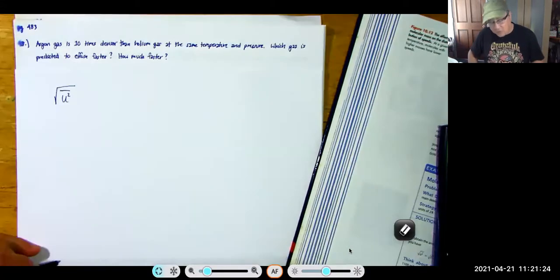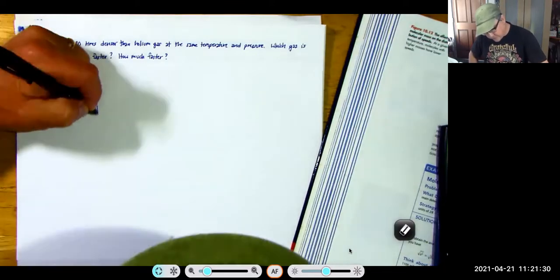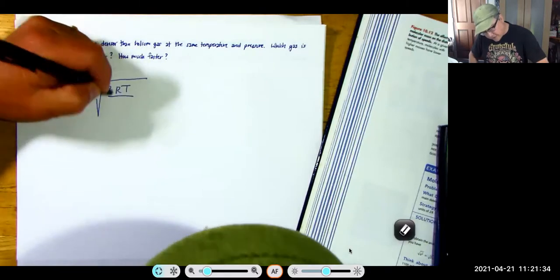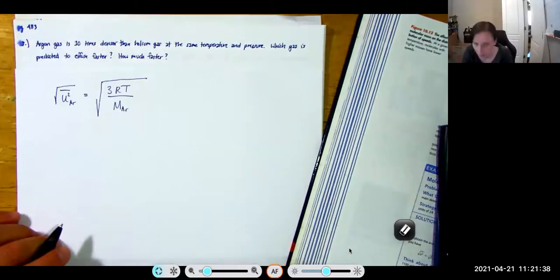This is going to be the root mean square speed of argon is equal to the square root of 3RT over the molar mass of argon, correct? Yeah.